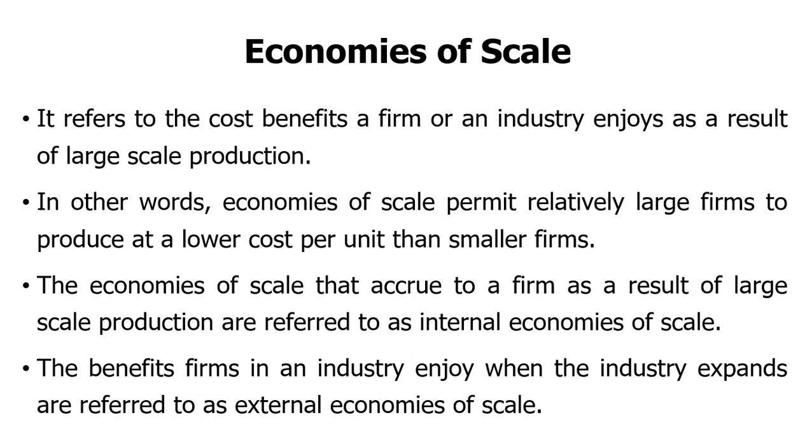So when an industry is becoming bigger and bigger, with a lot more members, there are certain cost advantages that accrue to the firms there. The advantage they derive as the industry expands is what is known as external economies of scale.